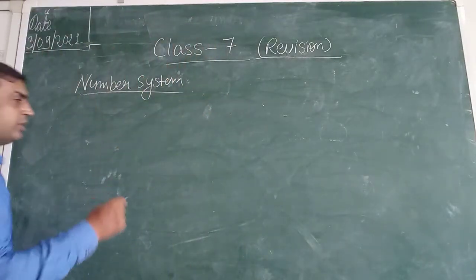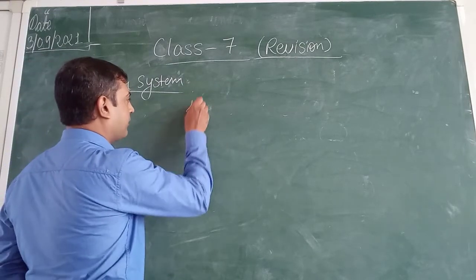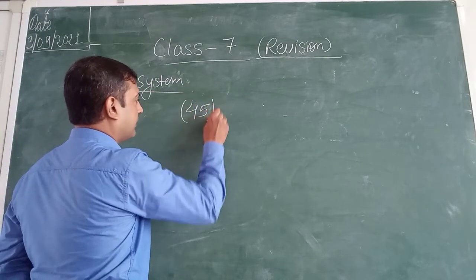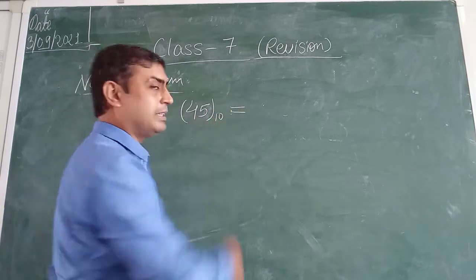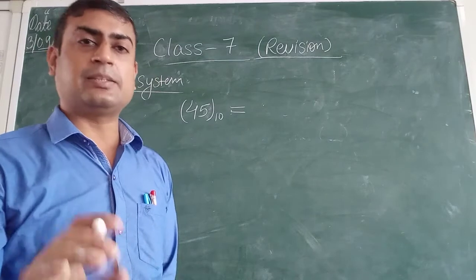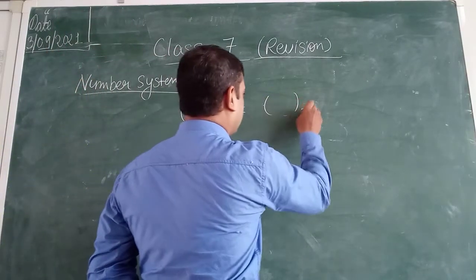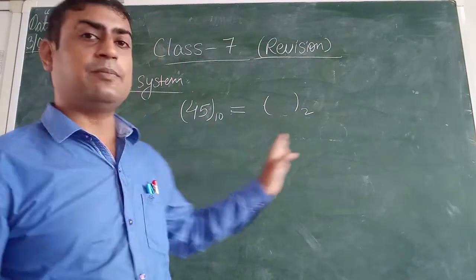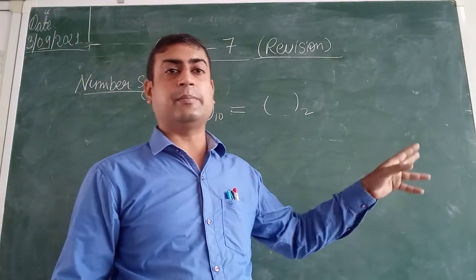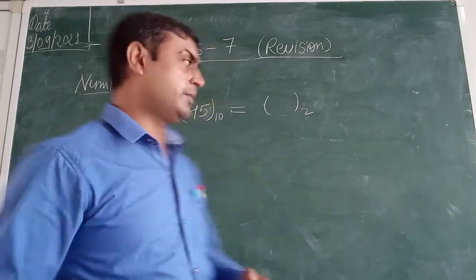Let's say example one: I am taking a decimal number, and the question is 45 base 10. This means this is a decimal number and we have to convert it into the binary number system. So we will use the regular division method.